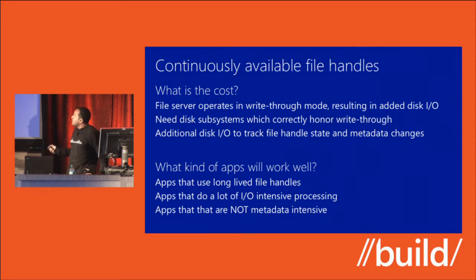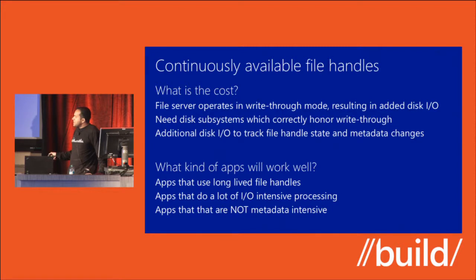So it operates in write-through mode, which means a lot more I/Os than what you would expect on a normal file server. And then you need disk subsystems which honor the write-through flag. And a lot of the IDE SATA disks, a lot of them don't honor write-through. So you need a good storage subsystem which honors write-through so that this works correctly.